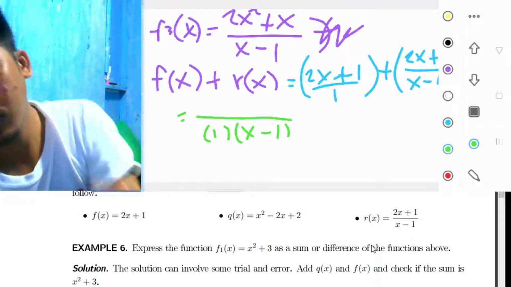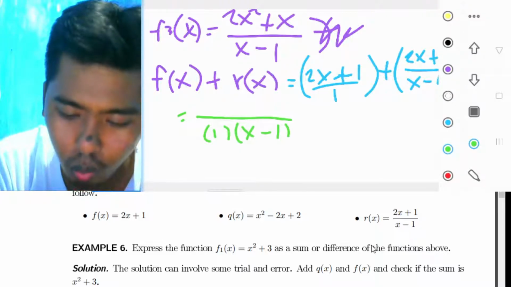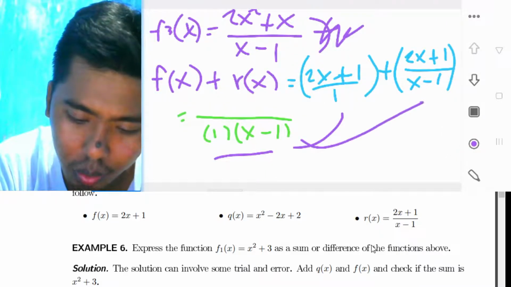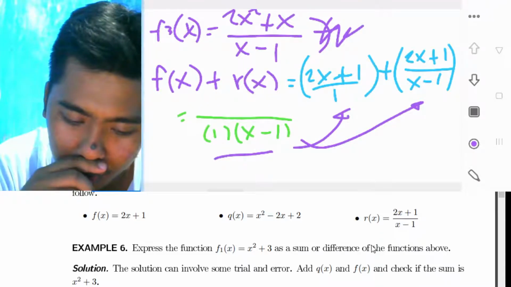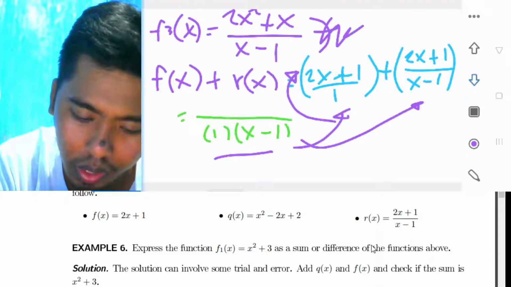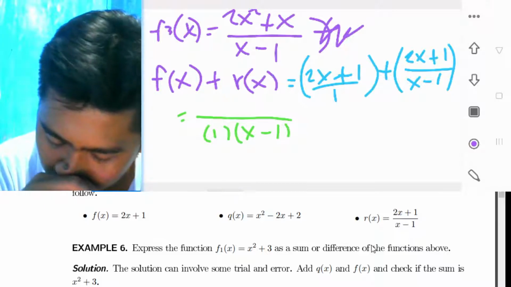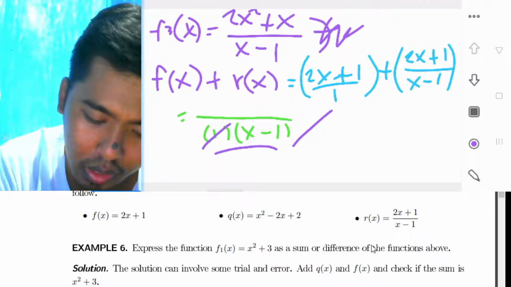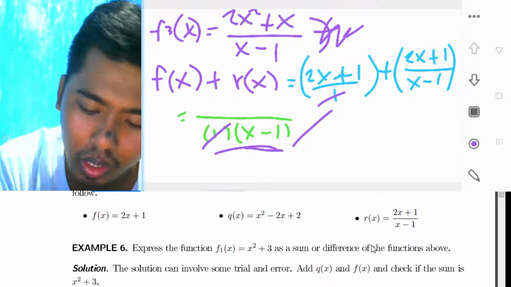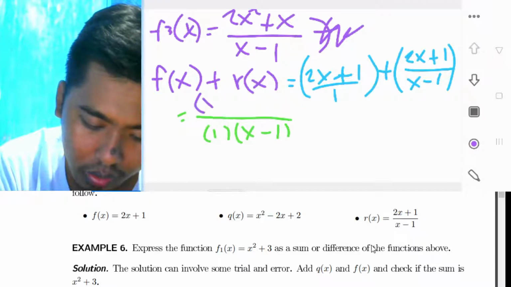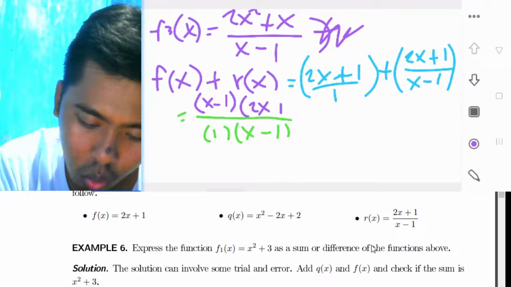Next, what we're going to do is divide the LCD by each denominator, then multiply the result to the numerator. So here we divide this one, this cancels, so x minus 1 will be the remaining. So x minus 1 times 2x plus 1.